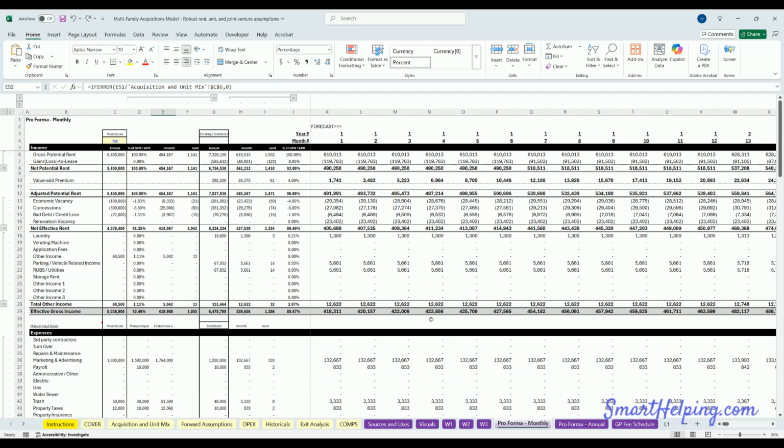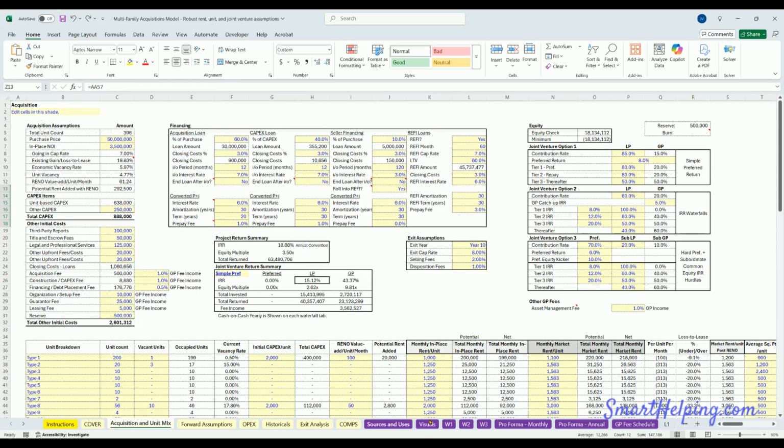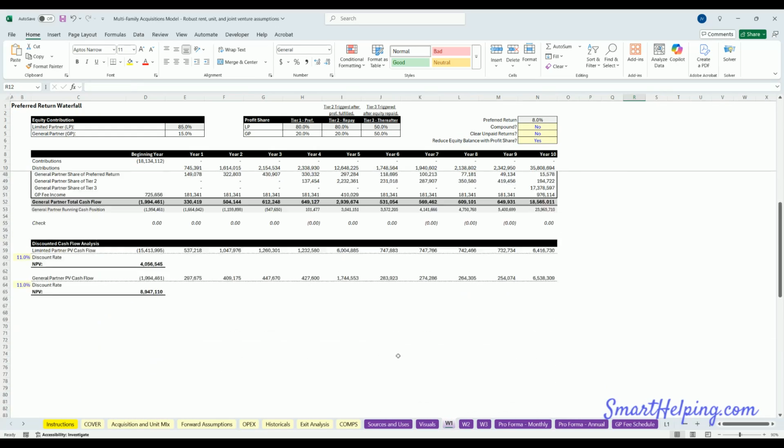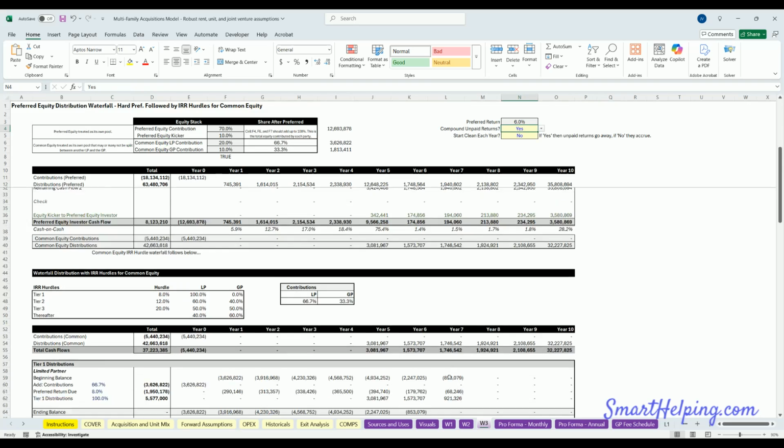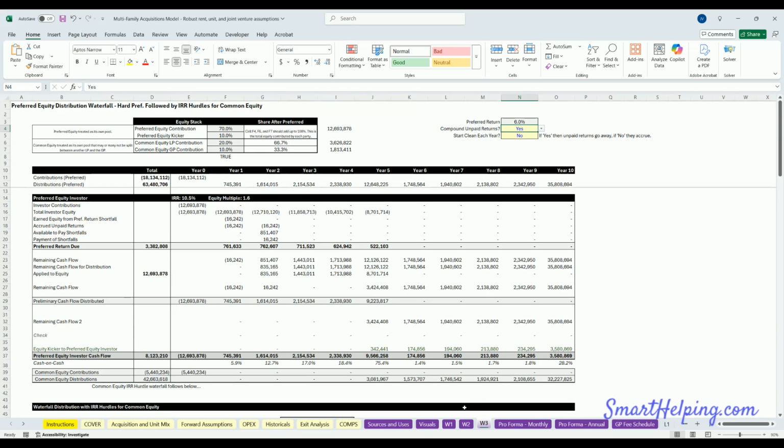The model, just talking about some other things the model has, we do have joint venture options. It's pretty sweet. I built it so you can do 3 different preferred equity, or just common IRR hurdle waterfalls, or simple pref, or even a pref in common, and see how that looks for the LP and GP. I thought that was really nice. I've got my most advanced waterfall structures here that you can toggle between and configure, so that's good.